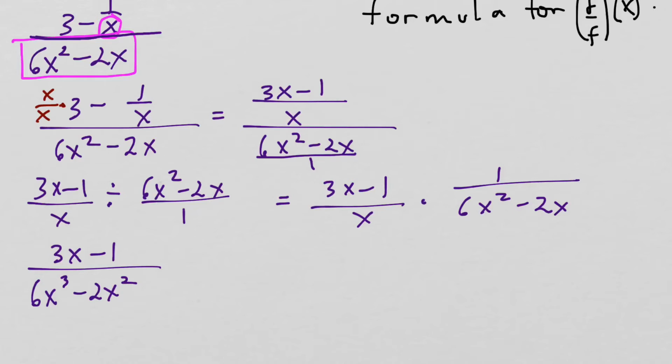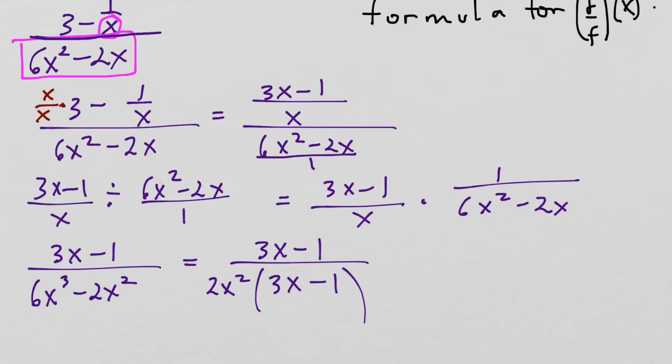All right, so one more step. Let's check and see if that factor 3x minus 1 could potentially cancel. So I'm going to look for a GCF on that lower piece, the denominator. If I take out a 2x squared out front, that would leave me with 3x minus 1.